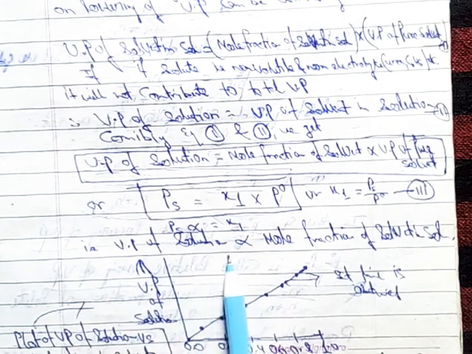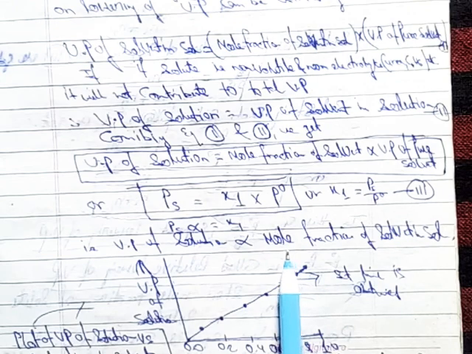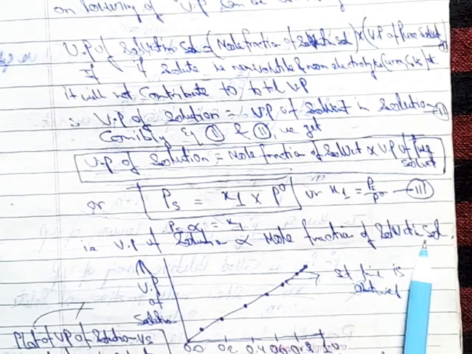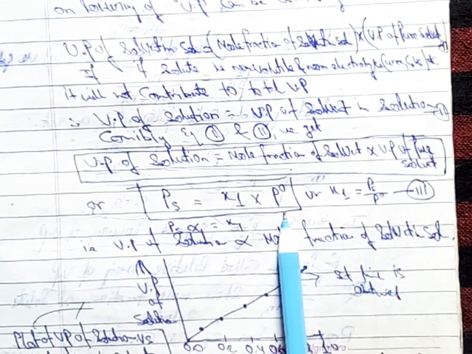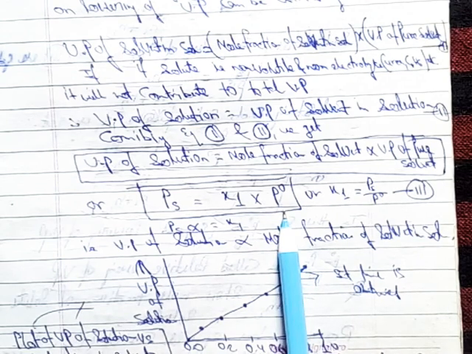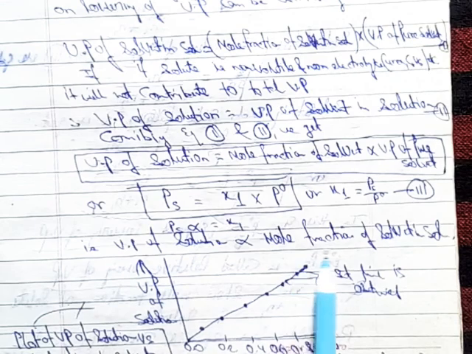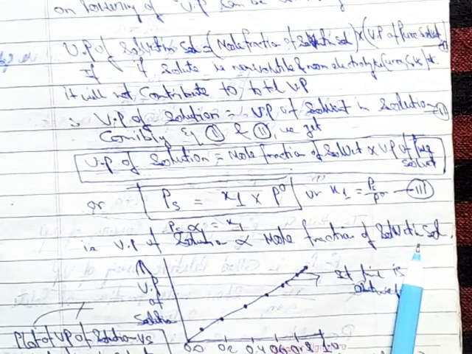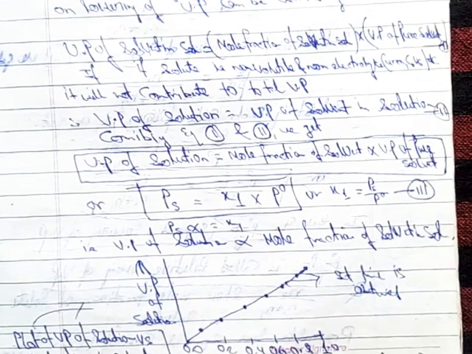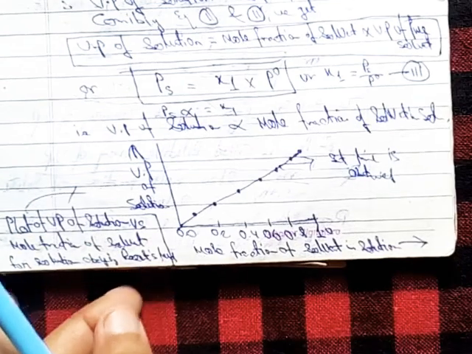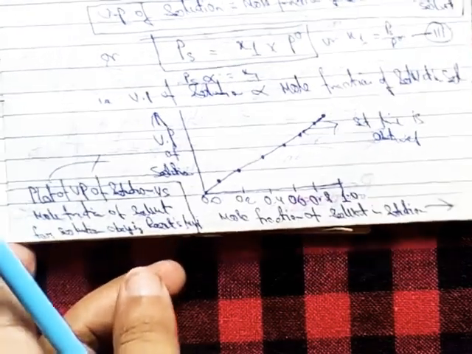The vapor pressure of the solution is proportional to the mole fraction of the solvent, because the vapor pressure of the pure solvent is kept constant. Therefore, the vapor pressure of the solution is directly proportional to the mole fraction of the solvent in solution. Again, in the plot we get a straight line for this also.